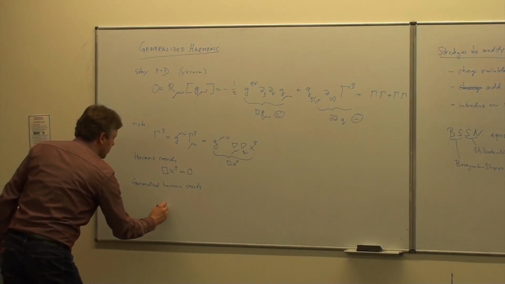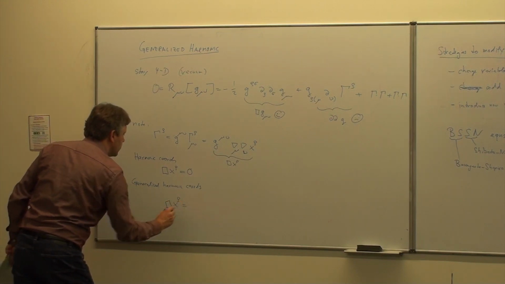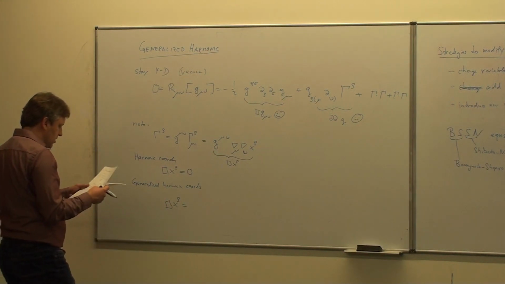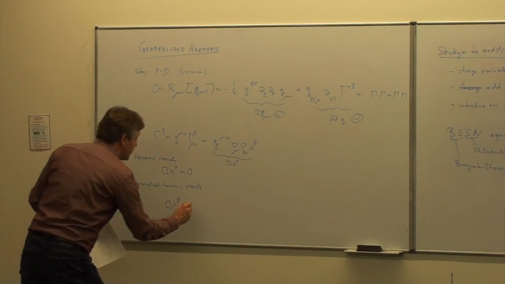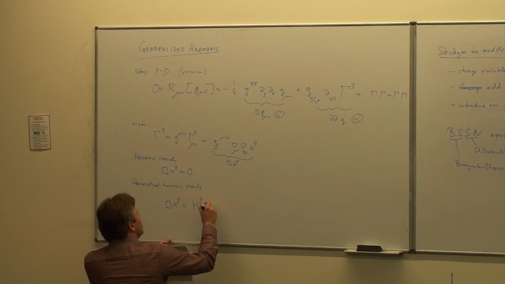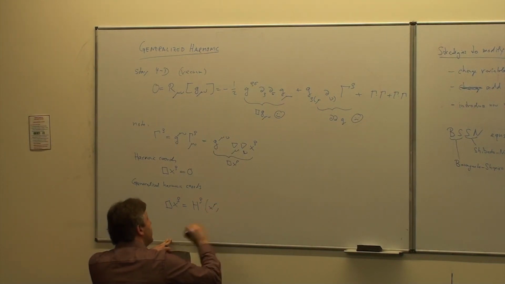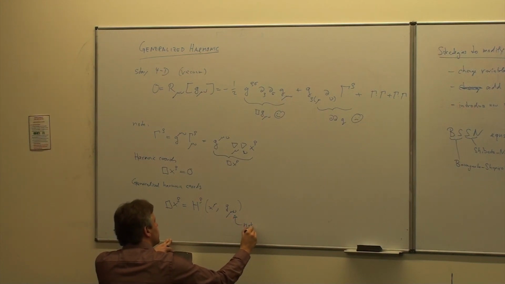So we're choosing coordinates not such that box of x rho is 0, but such that box of x rho is equal to some right-hand side. And that right-hand side can be a function of space and time, and it can also be a function of the current metric, but not of derivatives of the metric.